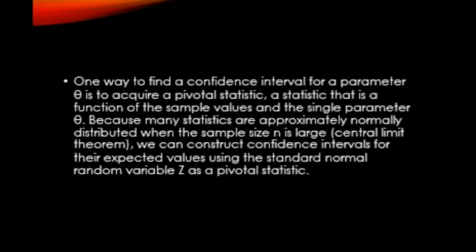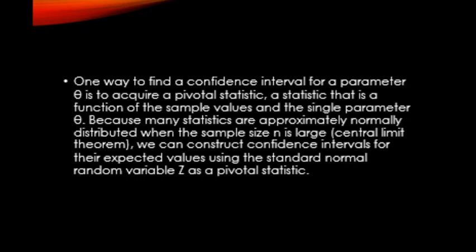Many of the statistics that we will see are approximately normally distributed. If we have a large enough sample size, the central limit theorem applies, and we can create this confidence interval using the expected value and the standard normal distribution of this pivotal statistic.